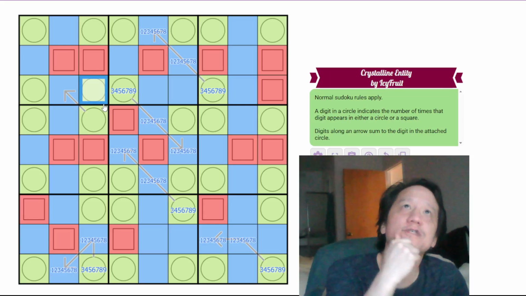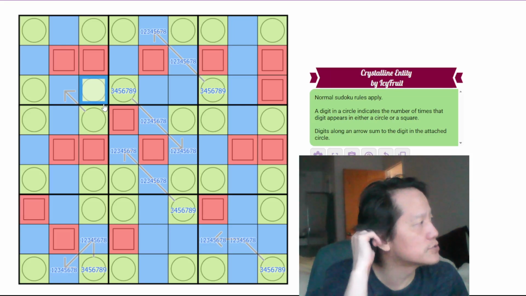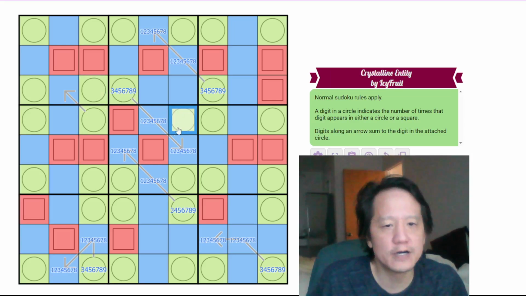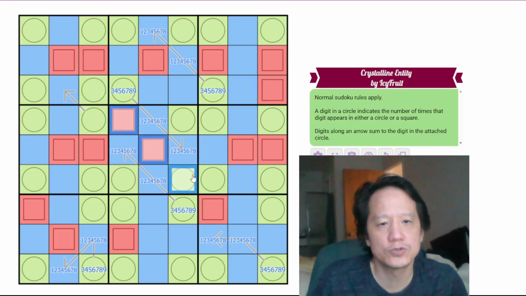We have 47 circles and squares. That means 9 in box 5 has to be in a circle or square.